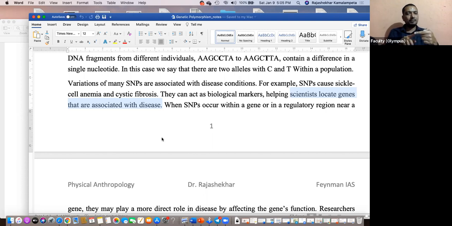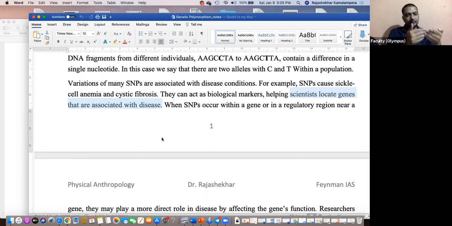The same variation may not be found in another random person. Only if that person happens to be at the crime scene will this DNA match, and you know that these SNPs have matched. Based on SNPs, you rule out the other people. You say this DNA doesn't belong to B, it doesn't belong to C, it only belongs to A. How do you know?